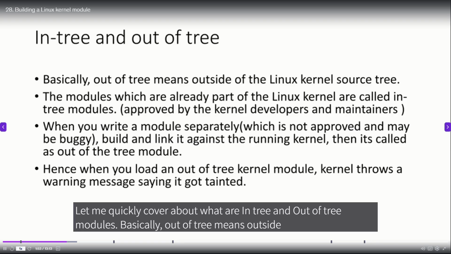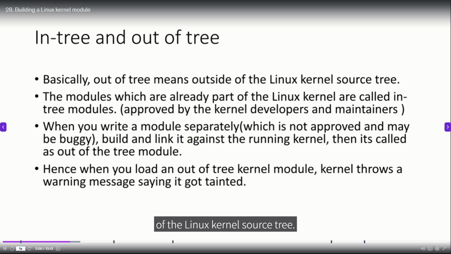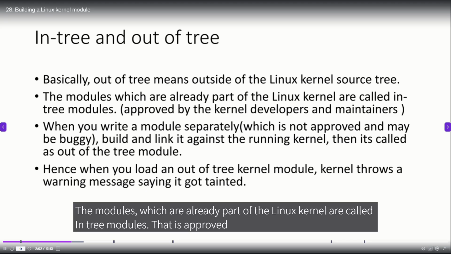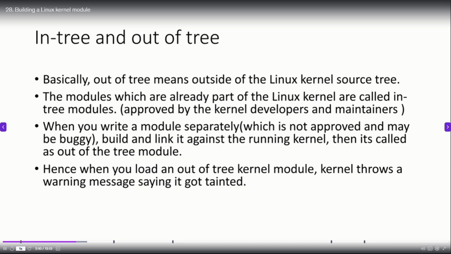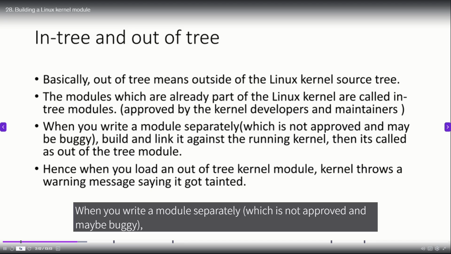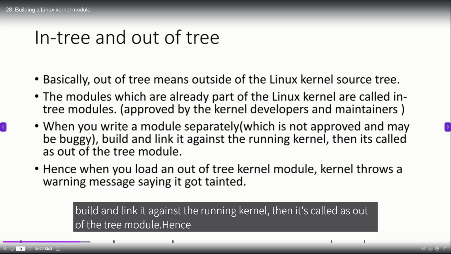Let me quickly cover what in-tree and out-of-tree modules are. Basically, out-of-tree means outside of the Linux kernel source tree. The modules which are already part of the Linux kernel are called in-tree modules, approved by the kernel developers and maintainers. When you write a module separately, which is not approved and may be buggy, and build and link it against the running kernel, it's called an out-of-tree module.